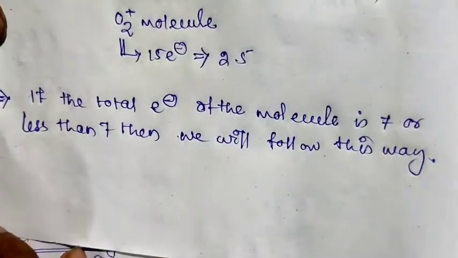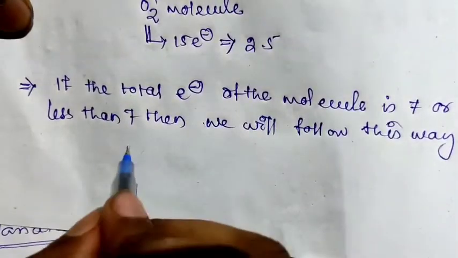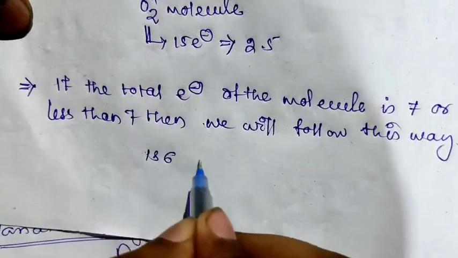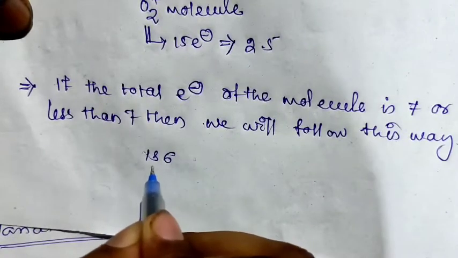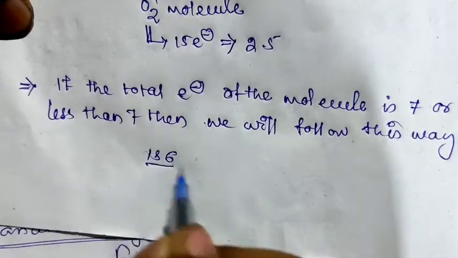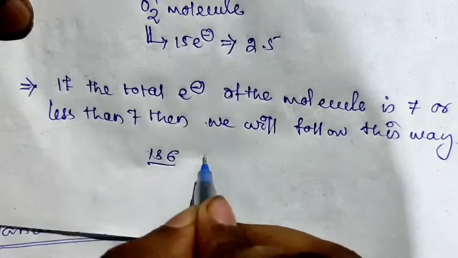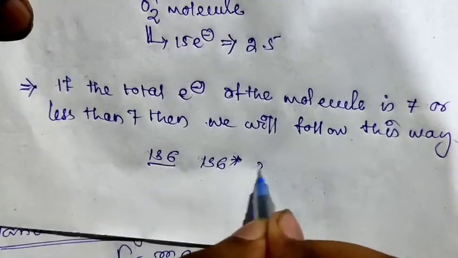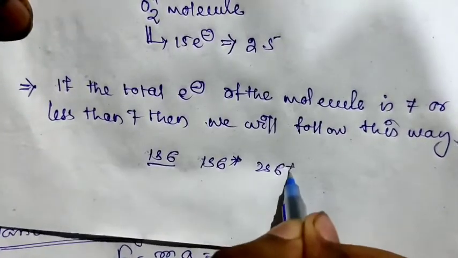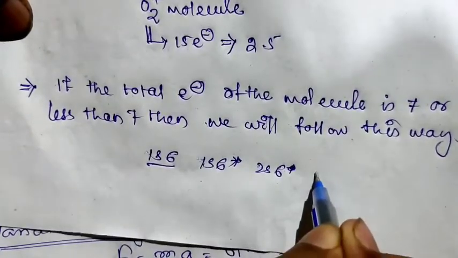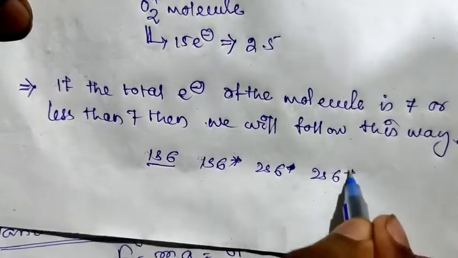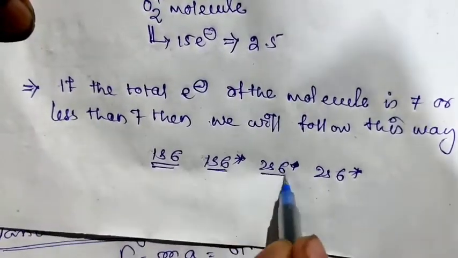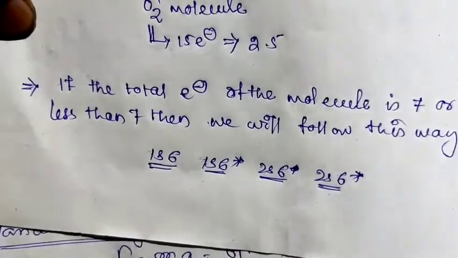From molecular orbital theory, we know that there is the 1s bonding molecular orbital, then the 1s anti-bonding molecular orbital, the 2s bonding molecular orbital, and the 2s anti-bonding molecular orbital. Each molecular orbital has the capacity to hold 2 electrons.